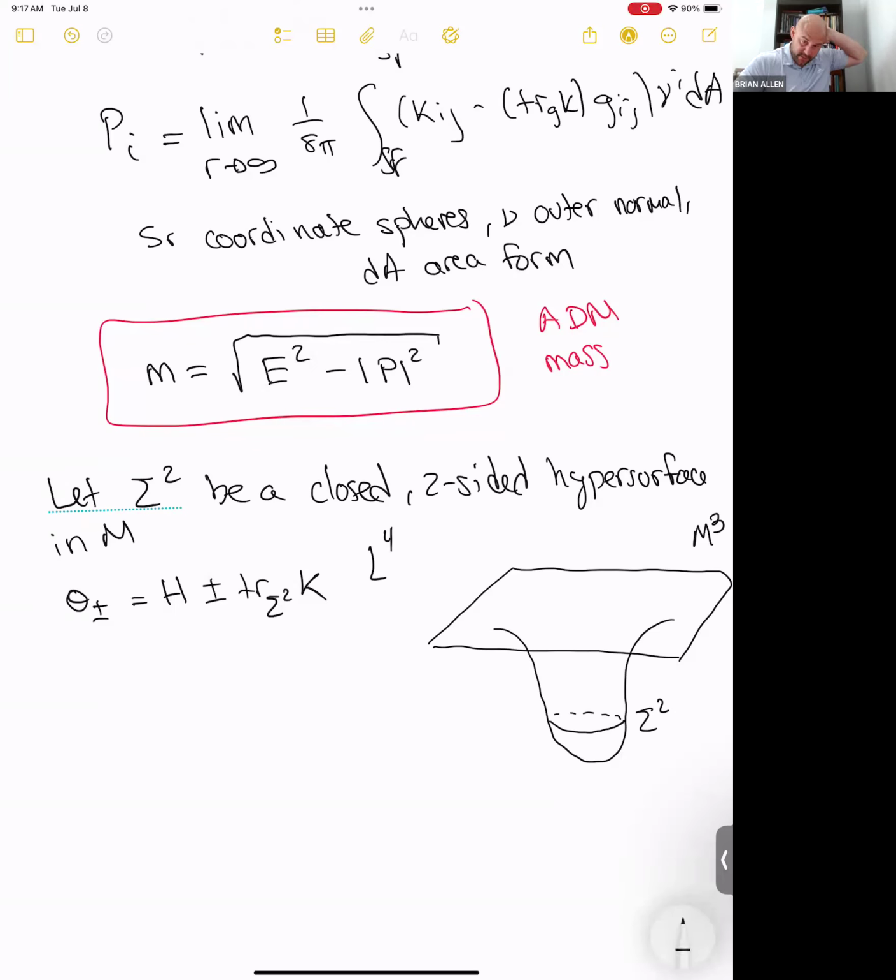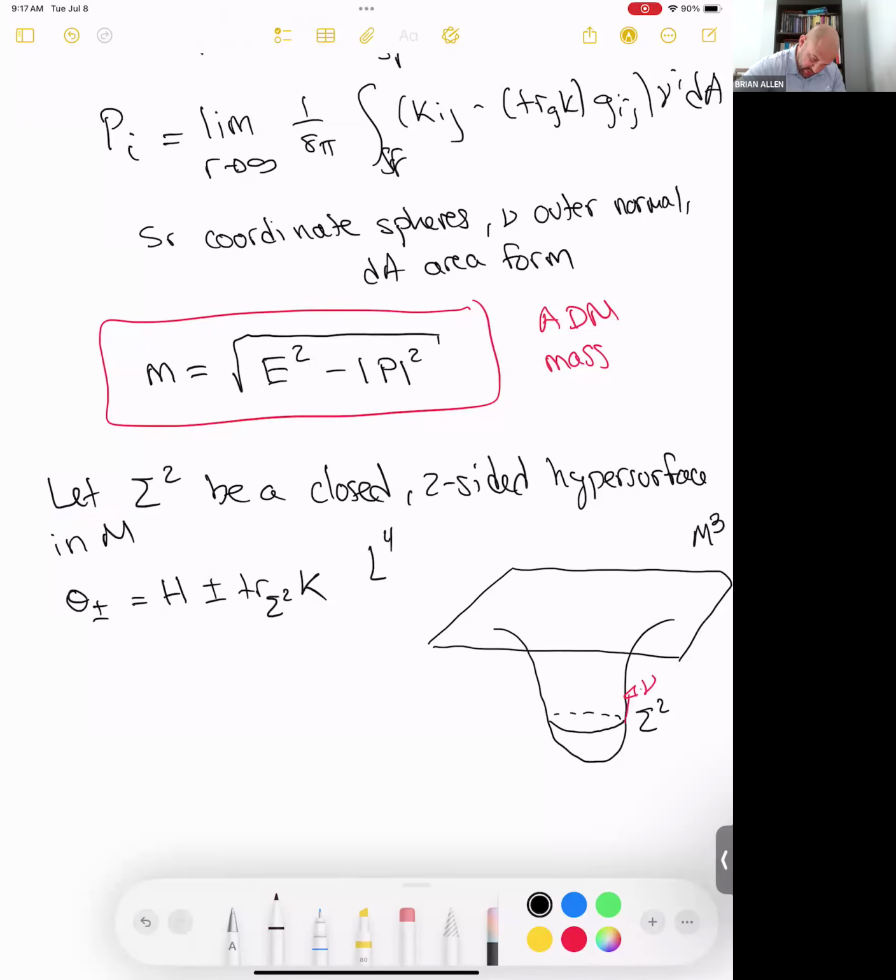And so there's going to be a normal vector inside of M, and then there's going to be a normal vector inside of L4, right? So inside of M, there's some normal vector, which maybe I'll call nu, and inside of L, there is some normal vector, which in this picture is going to be a little bit funny looking, but something like this.